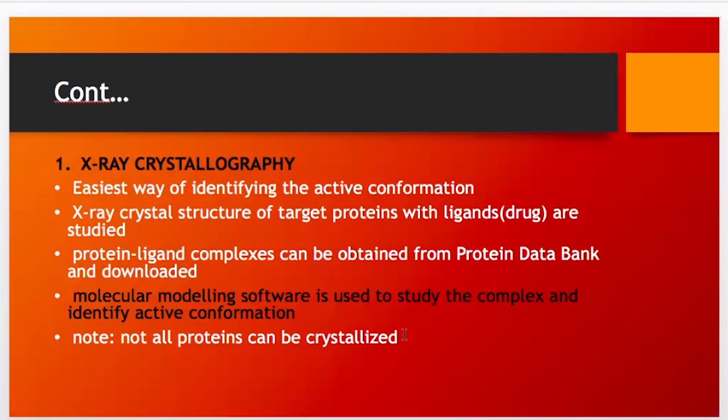This is how X-ray crystallography helps in identifying the active conformation. I think it is the easiest way, because you can just look at the ligand and see how it is bound to the protein. It will give you a specific orientation.